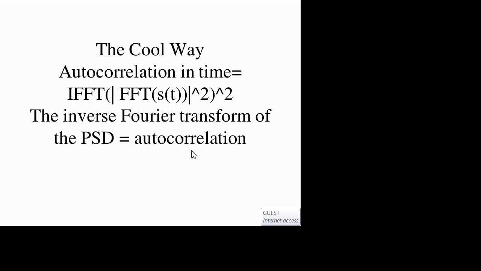So when it says here, the inverse Fourier transform of the power spectral density is the autocorrelation, what it's really telling us is, all you have to do is take an FFT of the signal, get the power spectral density, and then take the inverse Fourier transform, not of the original frequency domain version of the signal, but of the power spectral density of the signal. So you're using the PSD as input to the inverse Fourier transform. Yes, sir? And then are we squaring it?